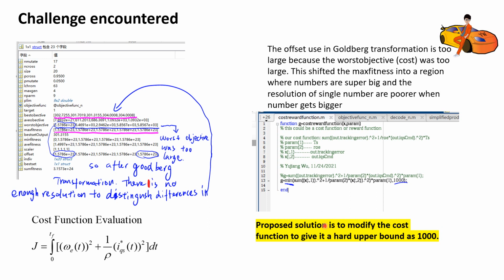And then my proposed solution is to modify the cost function to give it a hard upper bound of 1,000, because I observed that the mean cost is maybe 220 or so, so I decided that 1,000 is large enough, and I will cap it at 1,000.